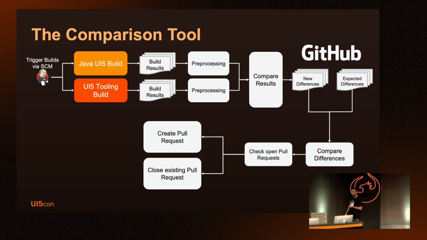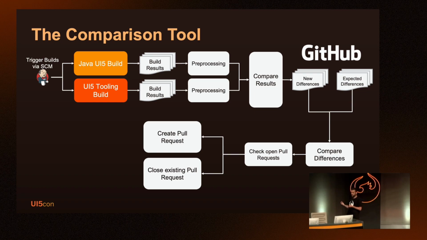So we clean up the differences which we found between both builds. We remove the ones which we already know, and then there's hopefully a small diff or no diff anymore. But if there's a diff, then we create a branch in this GitHub repository and create a pull request.